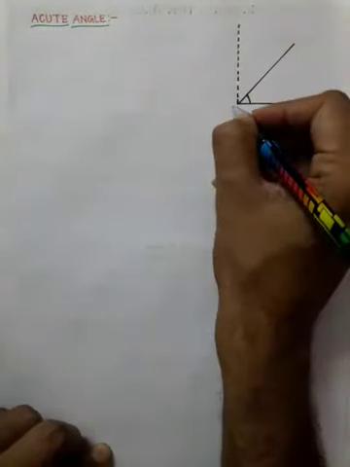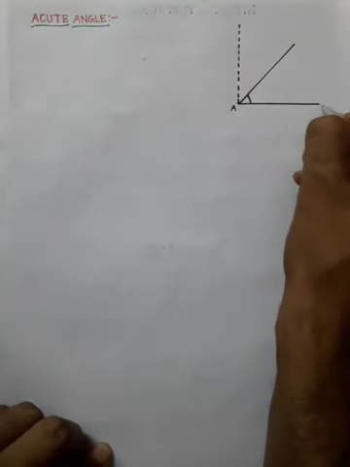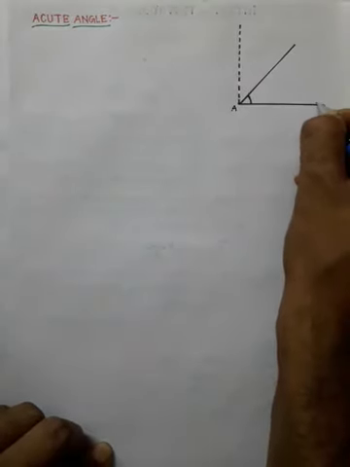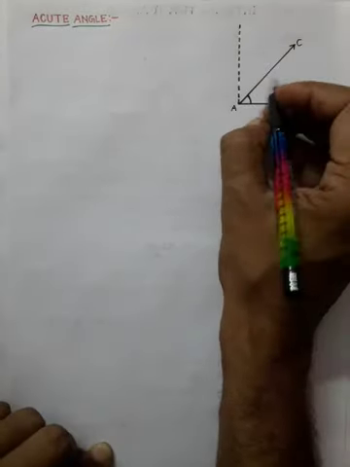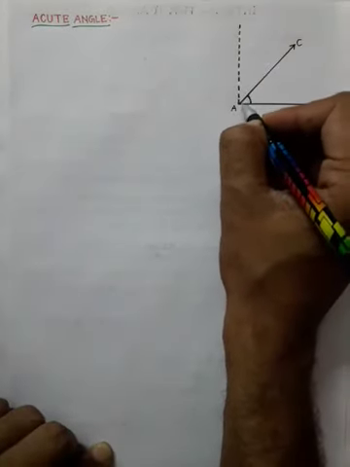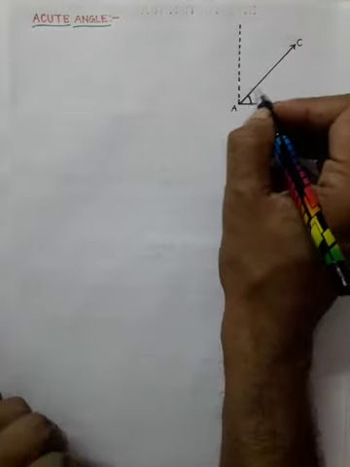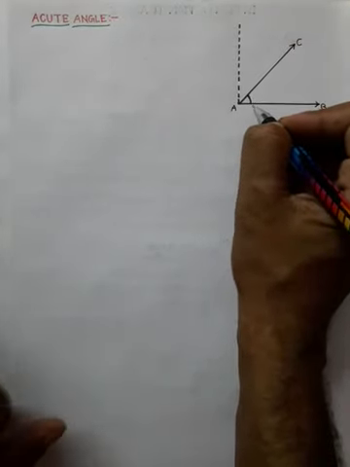In the diagram, let AB be the initial position of the ray and AC the final position. Here this one is the right angle and this angle BAC is smaller than the right angle. So it is an acute angle.